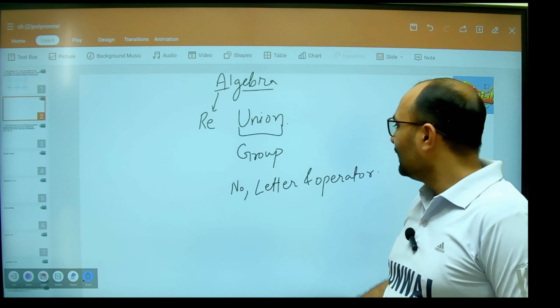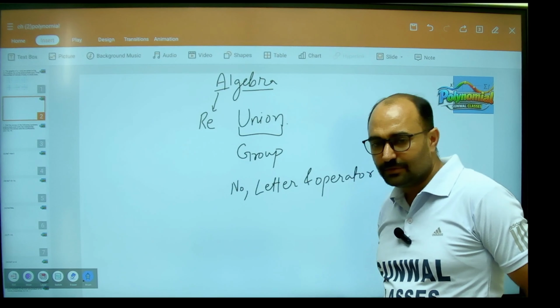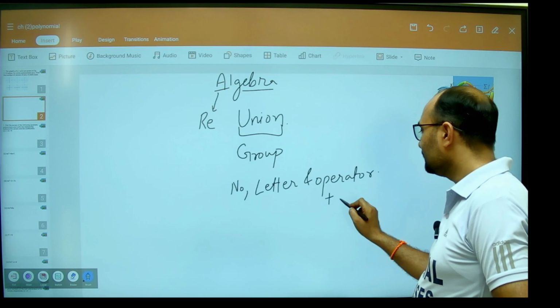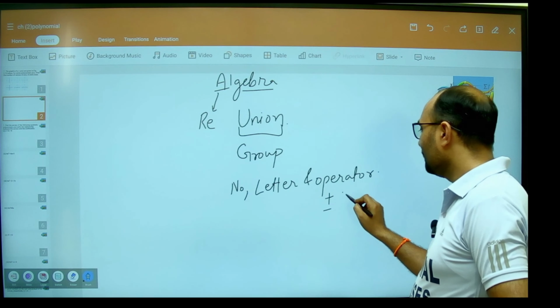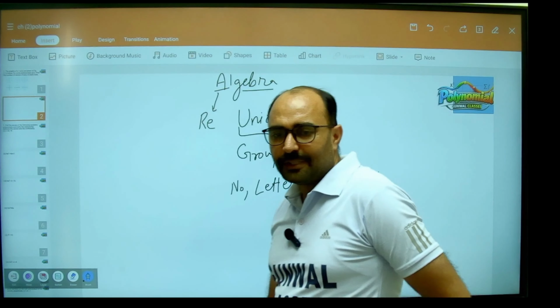So in algebra, we will study numbers, letters and operators. You can see mathematical operators. What are operators? Addition, subtraction, multiplication, division. All these are operators.